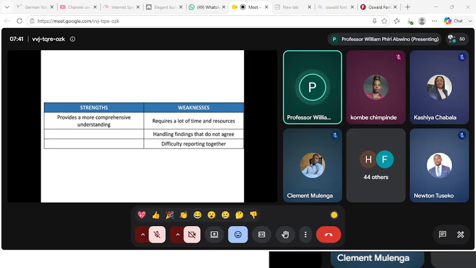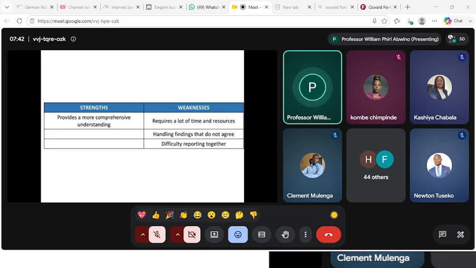The quantitative aspect is telling you something, the qualitative aspect is telling you something else. So if the findings are at variance, how do you reconcile those? That is one of the greatest weaknesses of mixed methods research.